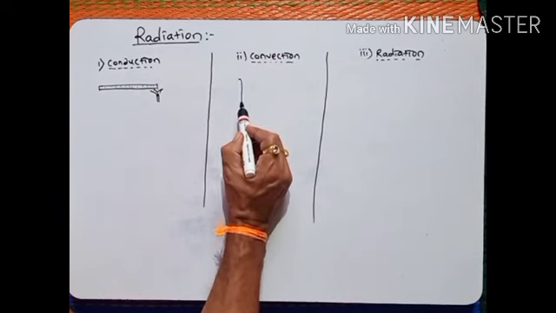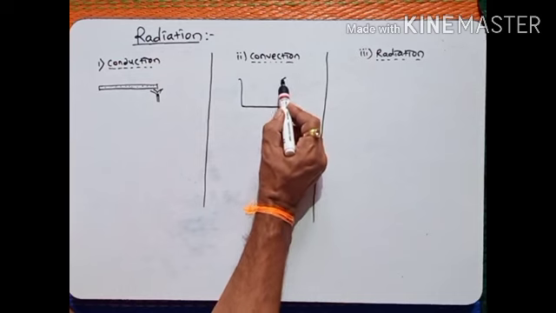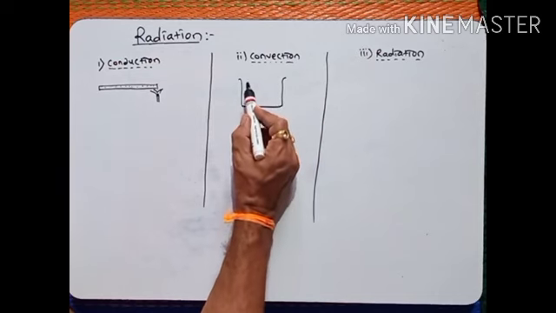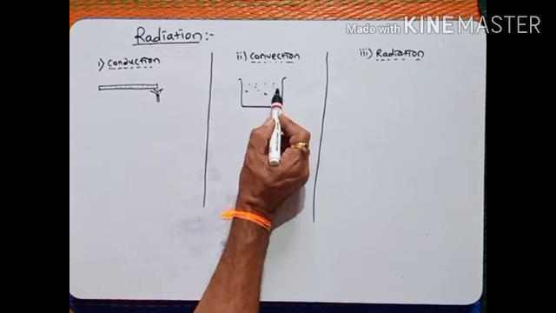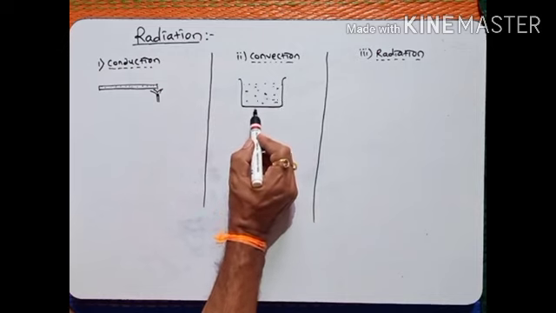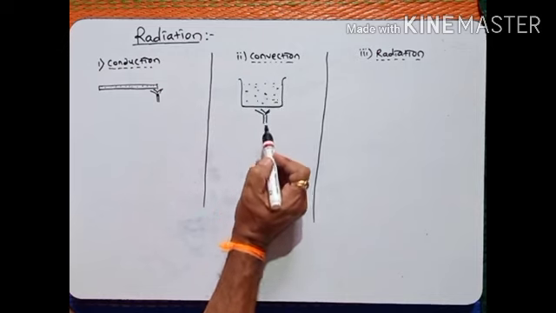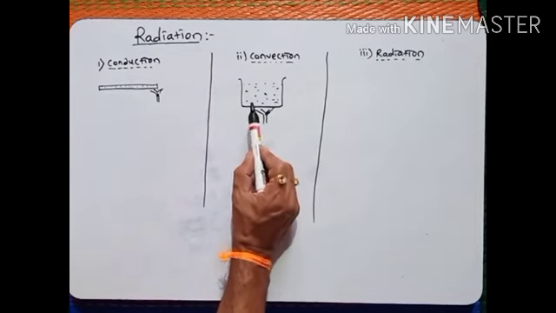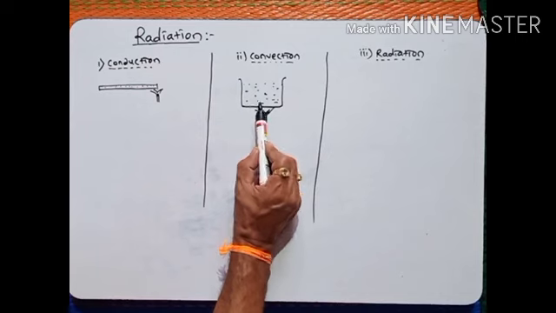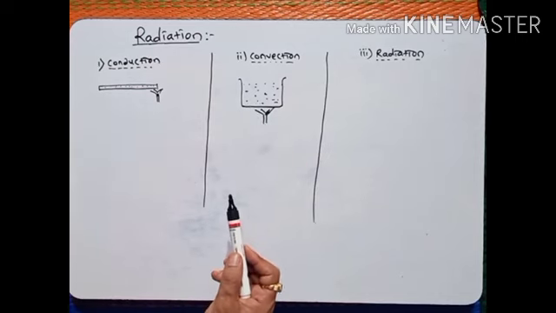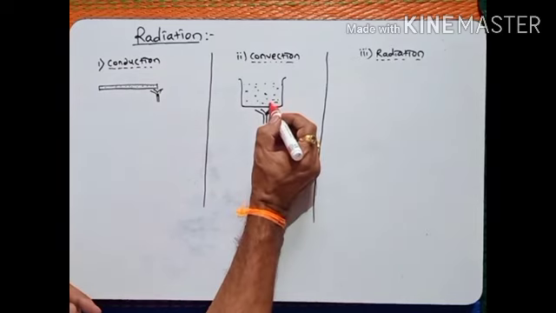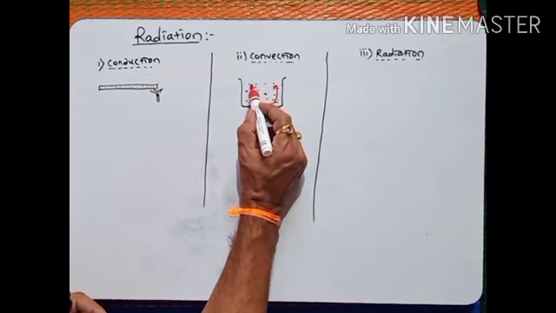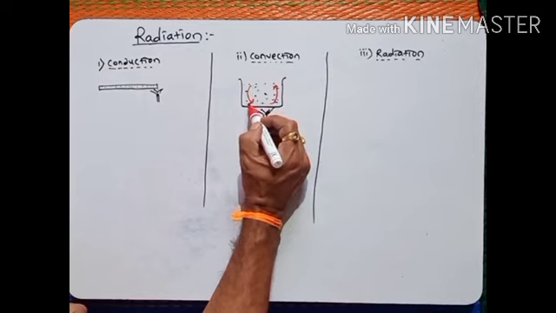Now we consider convection. Suppose there is water in a container, and we give heat to the bottom of this container. Then what happens? The molecules near the base get heated, become lighter and move in the upward direction. At the same time, the molecules having low temperature move in the downward direction. Again, they get heated.